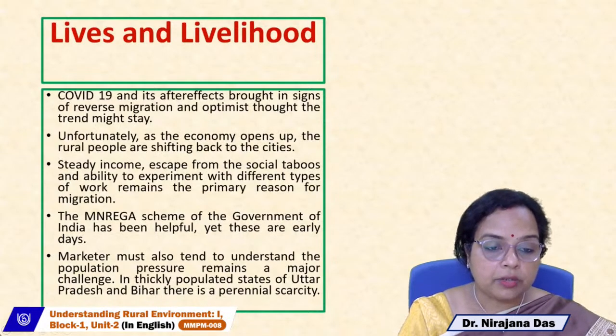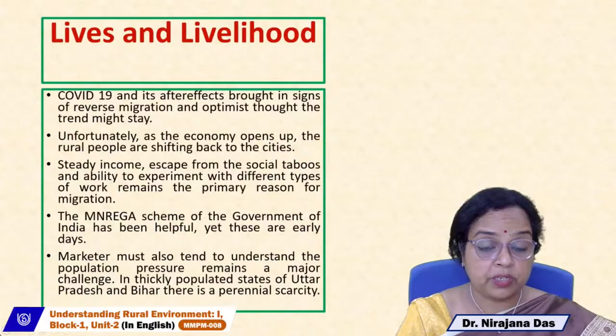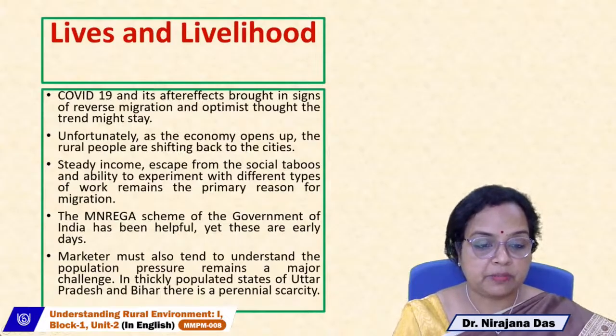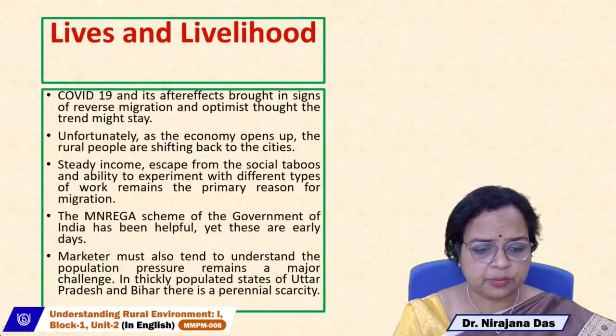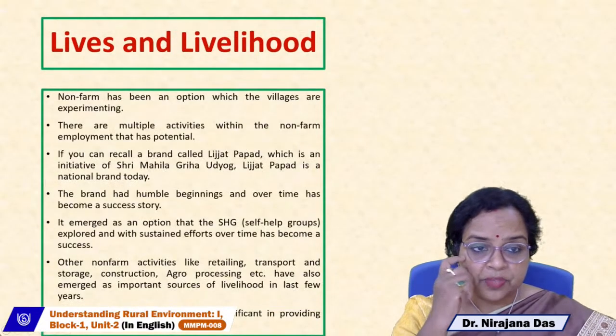With schemes like MGNREGA, the government of India has been hopeful, but it was not that established. A marketer must understand that population pressure remains the major challenge in thickly populated states like Uttar Pradesh and Bihar. There is a perennial scarcity of food and other goods.